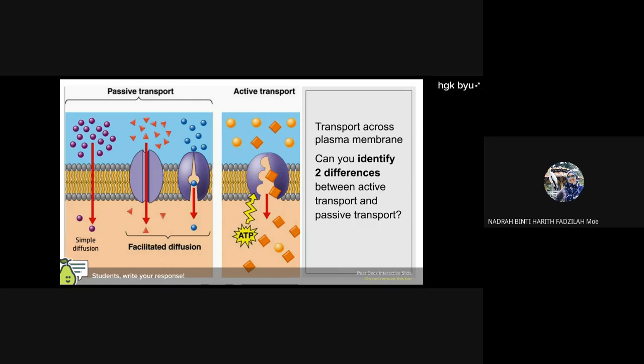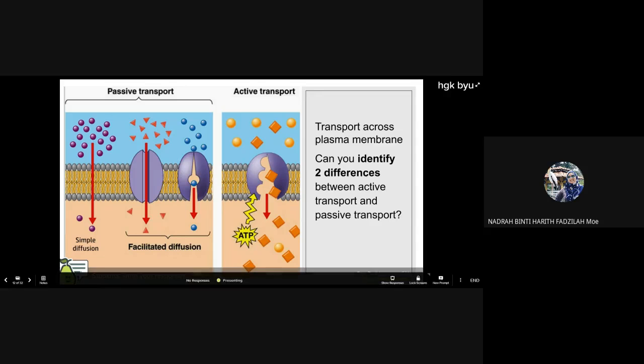Secara umumnya, pengangkutan merentasi membran plasma boleh dibahagikan kepada dua kumpulan, whether it is active transport atau passive transport. Can you state two differences between active transport and passive transport? Bolehkah kamu senaraikan dua perbezaan antara pengangkutan aktif dan pengangkutan pasif?